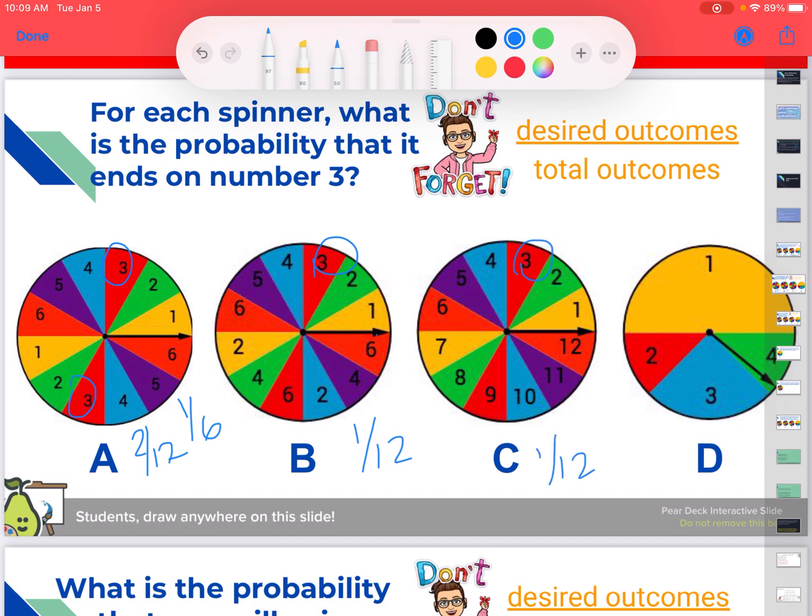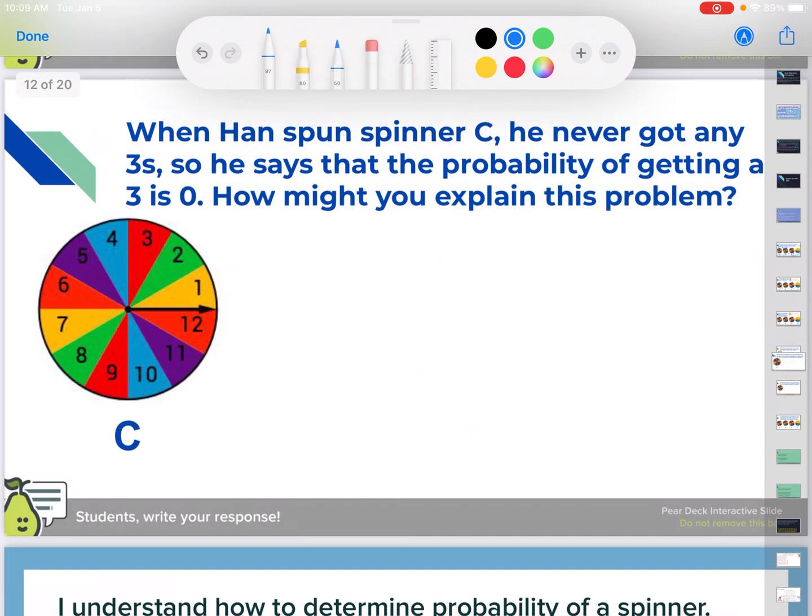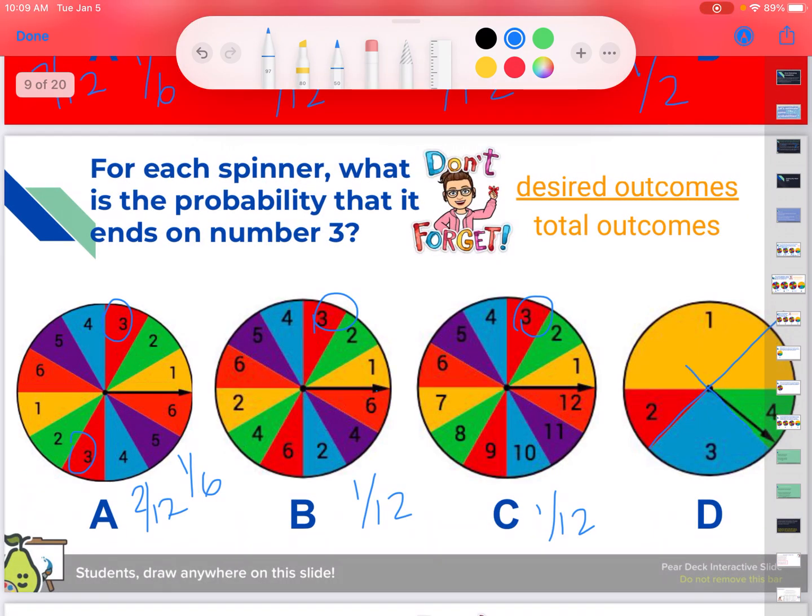Now for this one, I have to consider what I think this is. That's 1 out of 4 if each piece is exactly the same size, because the 3 takes up 1/4 of the total spinner.